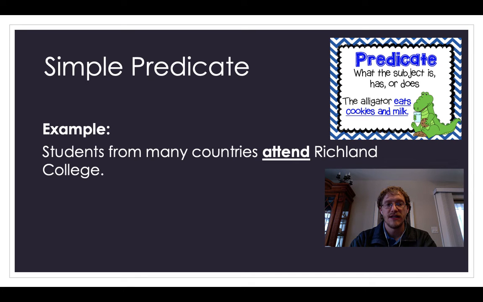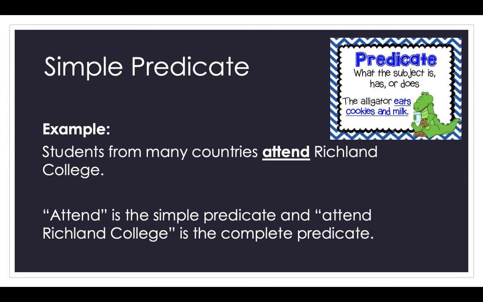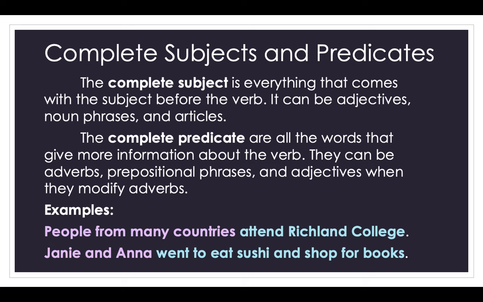So look at this sentence again. Students from many countries attend Richland College. Often we think of attend as the verb. It is the verb. We could also call it the simple predicate. And then attend Richland College is the complete predicate. Let's keep going. Complete subjects and predicates.